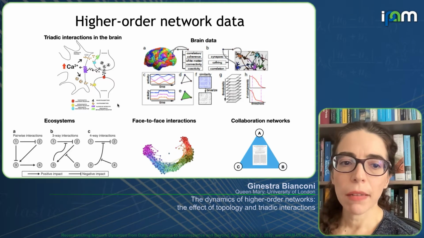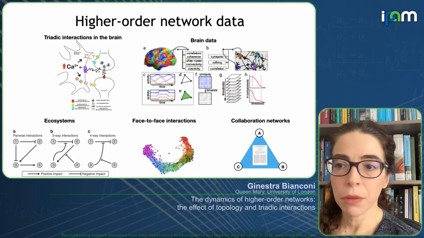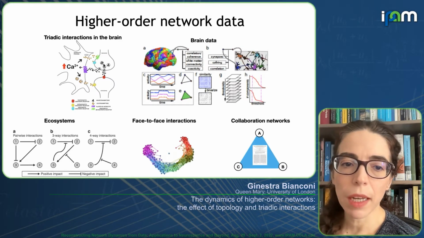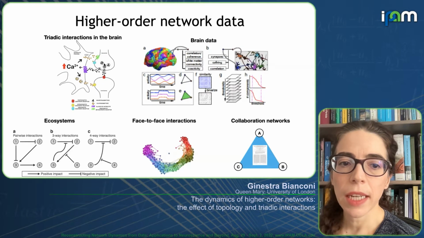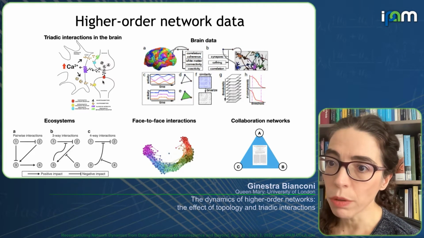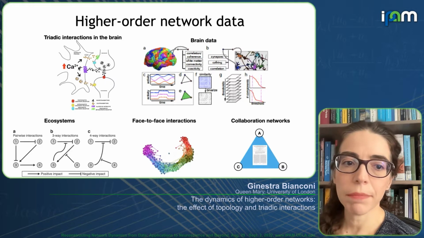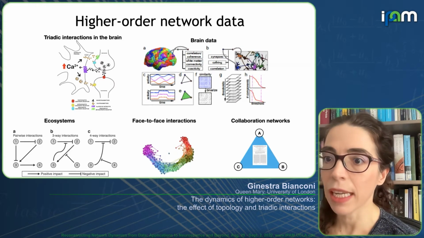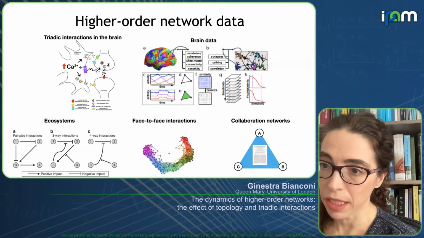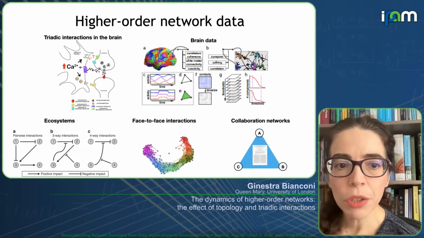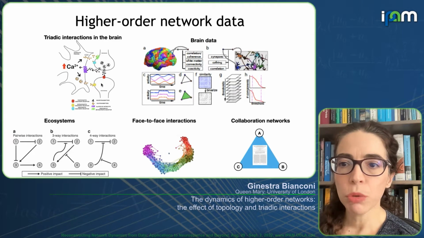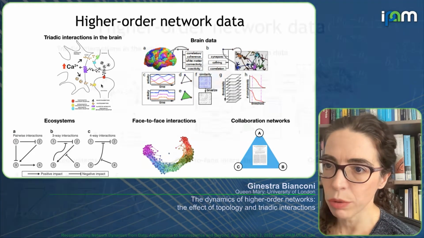Also, in neuroscience at the neuronal level, it's becoming more and more clear that the interaction between pair of neurons is mediated and modulated also by the presence of glia that can act on the synaptic signal. So this is an example of a triadic interaction when you have one node modulating the interaction between other two nodes.